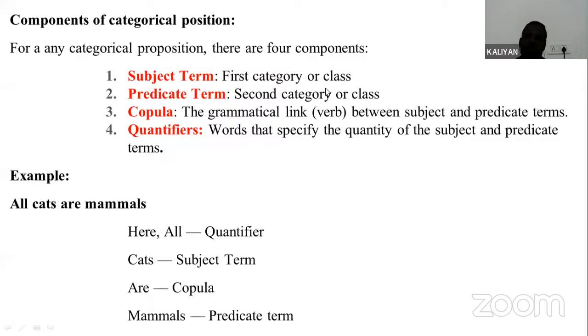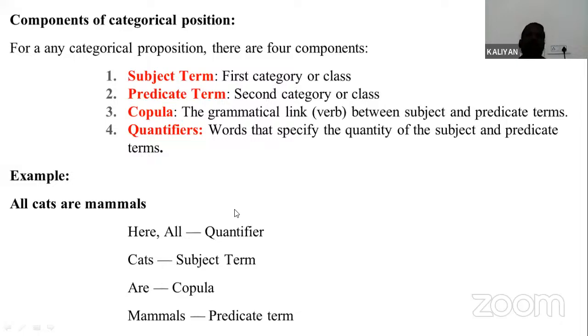The copula is the grammatical link, and the quantifier is the word that specifies the quantity of the subject and predicate terms. Example: all cats are mammals. Here "all" is the quantifier, "cats" is the subject term, "are" is a grammatical verb called the copula, and "mammals" is the predicate.